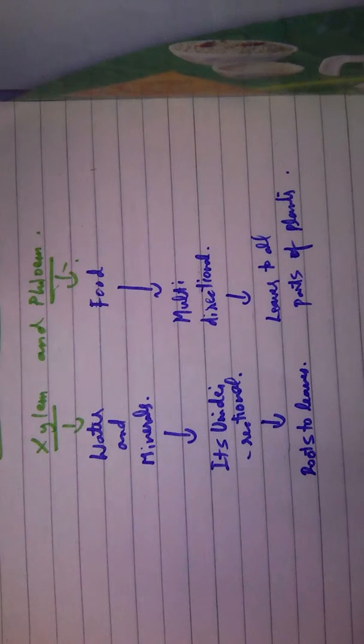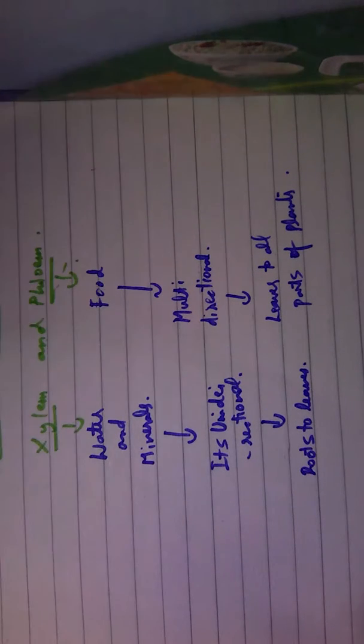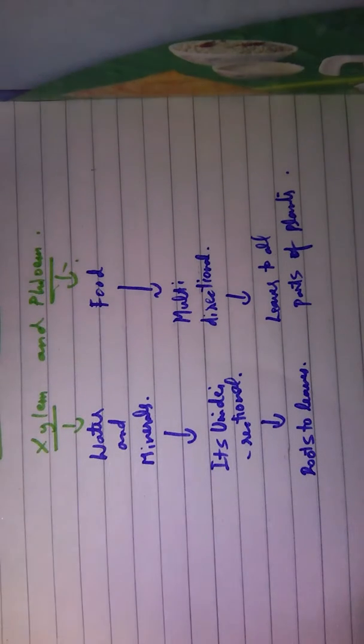The root hairs come in contact with the water present between the soil particles. The soil particles are closely packed, but there is very minute space between them, and there you can see a small amount of water. From there roots absorb water, and that water is called capillary water. Capillary means very minute and small.